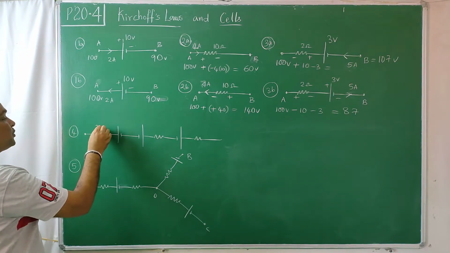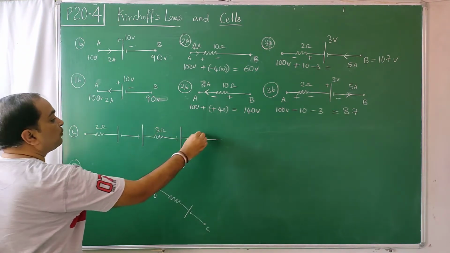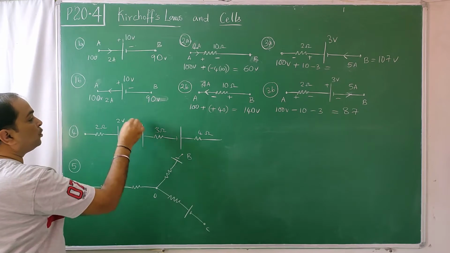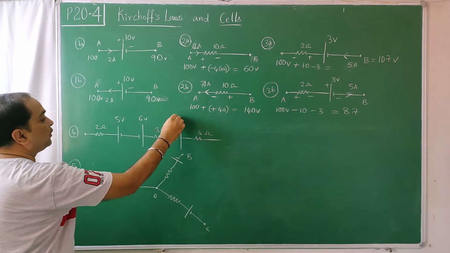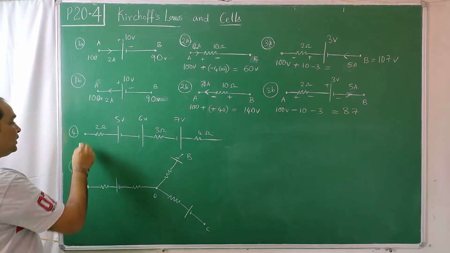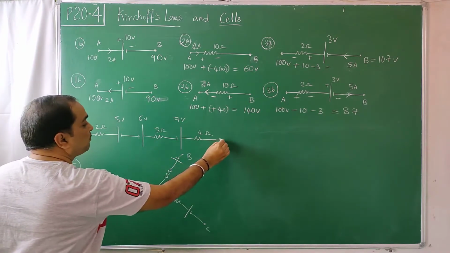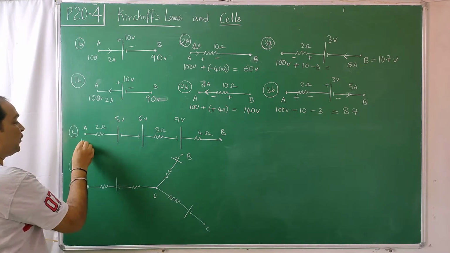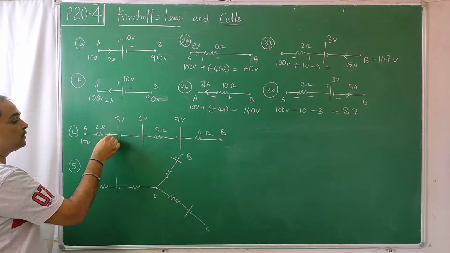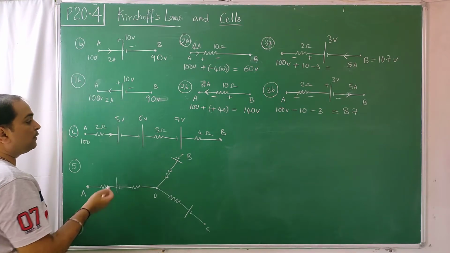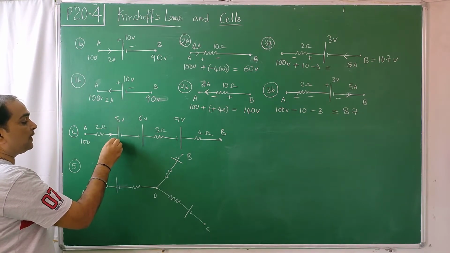Say this is 2 ohms, 3 ohms, 4 ohms, 2 volts, 5 volts, 6 volts, 7 volts. And this is the terminal A, this is the terminal B. And you are starting from say 100. And the current is going through like this, which is say, for convenience's sake, 5 amperes.